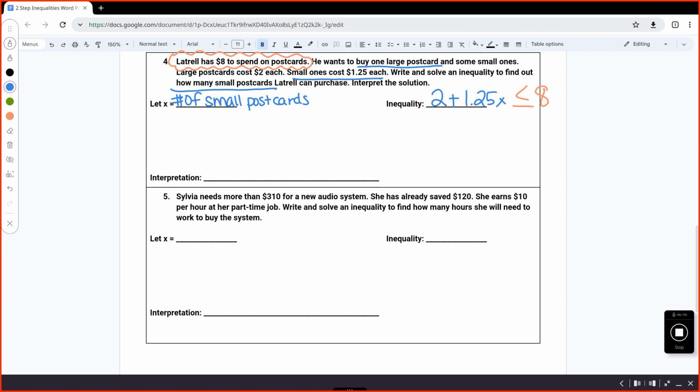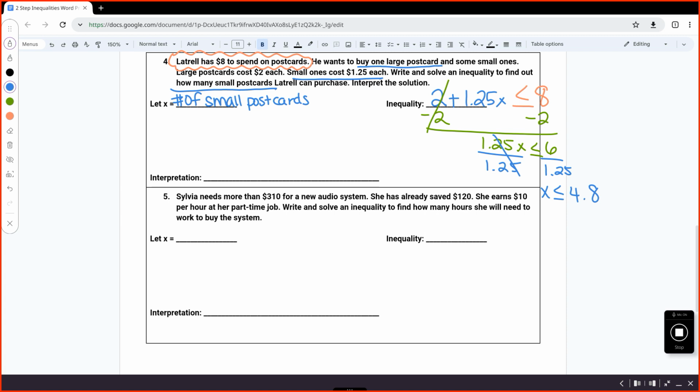Okay, now we can start solving. So I'm going to subtract 2 on both sides here. Then we have 1.25x is less than or equal to 6. And then we are going to divide each side by 1.25. Okay, and then we have x is less than or equal to 6 divided by 1.25, which is 4.8.